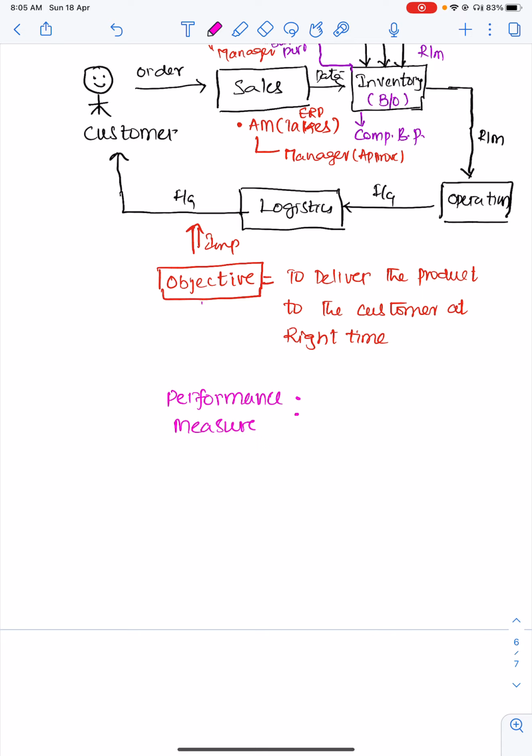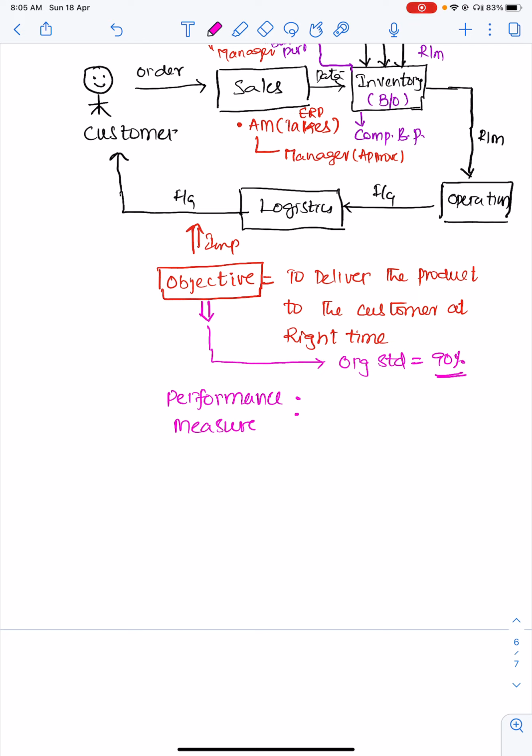Now let us assume the organization goal, the organization standard, is 90%. So we need to reach 90%. That means how many orders?